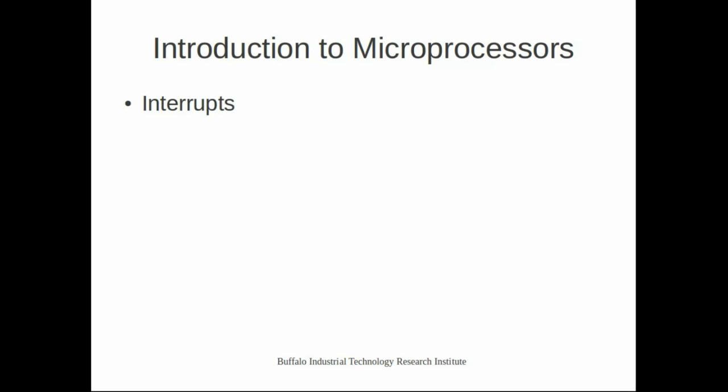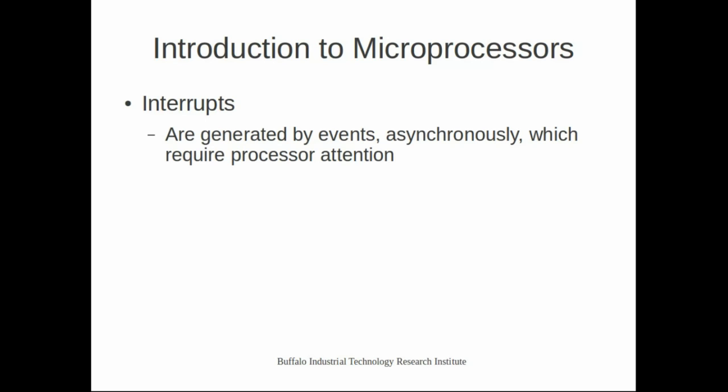In a computer, events happen asynchronously which require processor attention. For example, a button on a keyboard could be pressed, which has to be interpreted and displayed on a monitor. This has to be done immediately as the button is pressed to give a better user experience, by stopping whatever process is going on in the processor.